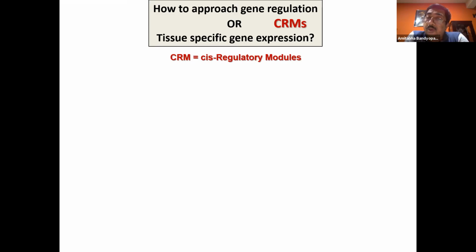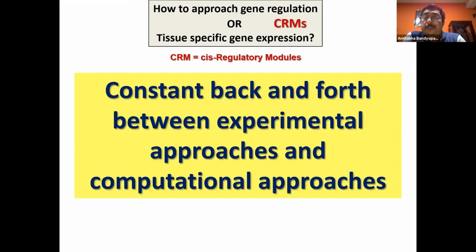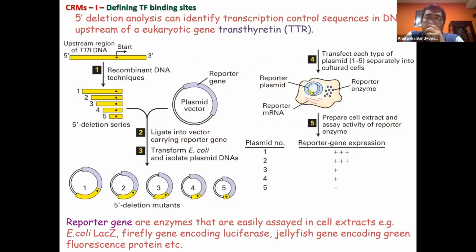So therefore, this is called the cis regulatory module, and the trans factors, meaning the transcription factors. Trans meaning they are not part of the DNA; they are not intrinsic to the DNA. So when it comes to defining the cis regulatory module, there is a constant back and forth between experimental approaches and computational approaches. So I will give you some basic ideas.